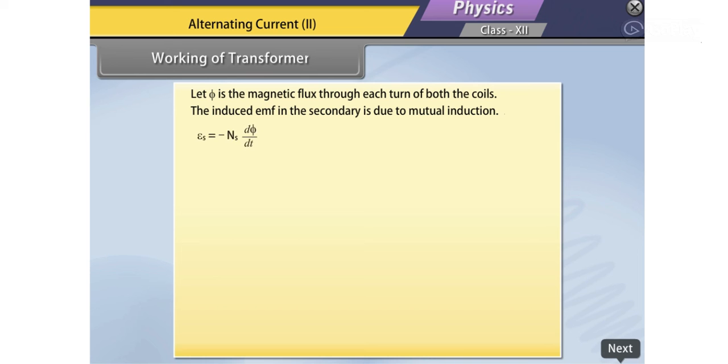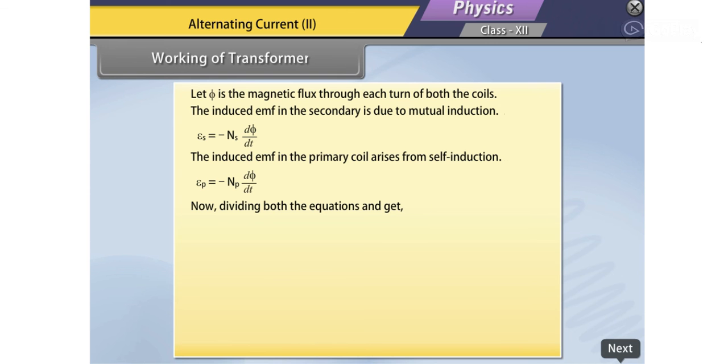ES is equal to minus NS d phi by dt. The induced EMF in the primary coil arises from self-induction. EP is equal to minus NP d phi by dt. Now, dividing both the equations, we get ES by EP is equal to NS by NP.